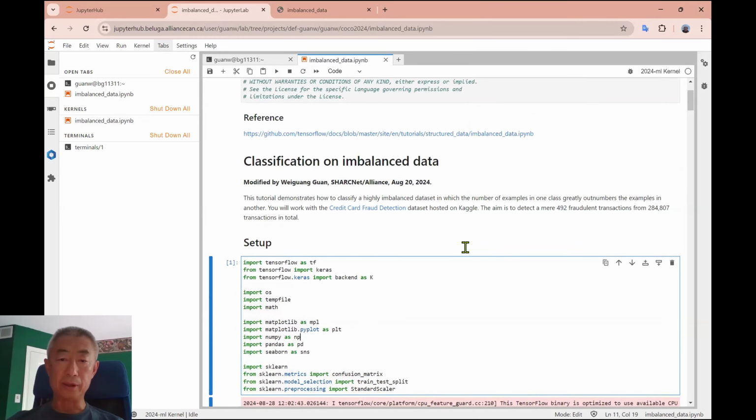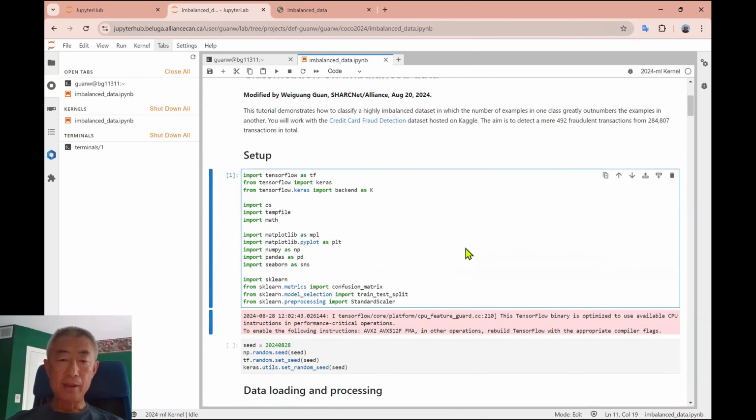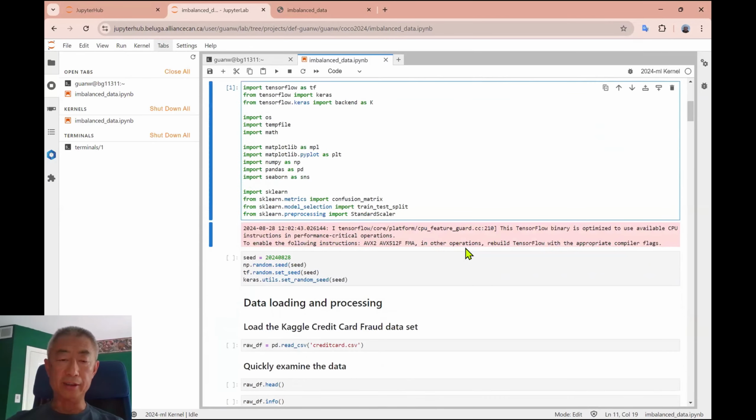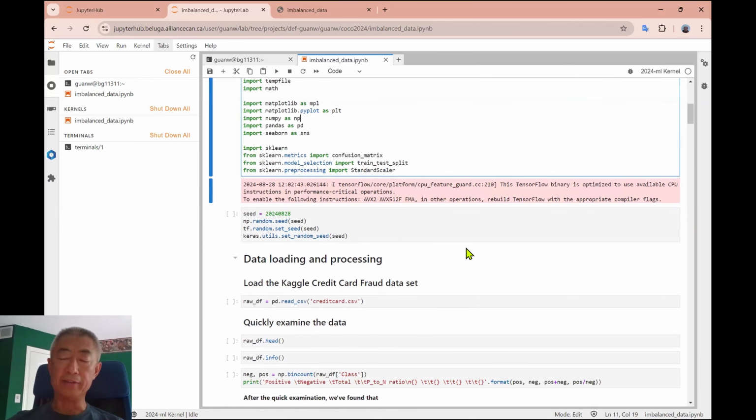In this notebook, I'm first going to load the data in and do some pre-processing of the data, and then I will define a neural network model, a very simple one, because today's focus is not data pre-processing and not designing a better architecture for the model.